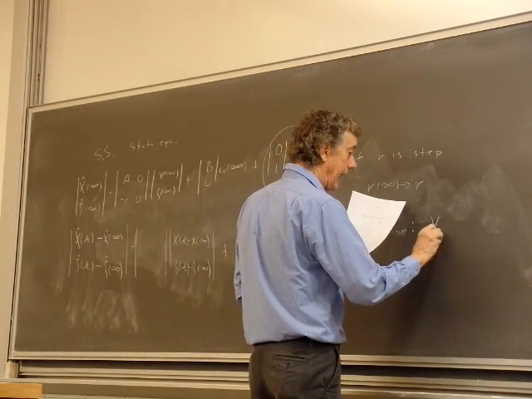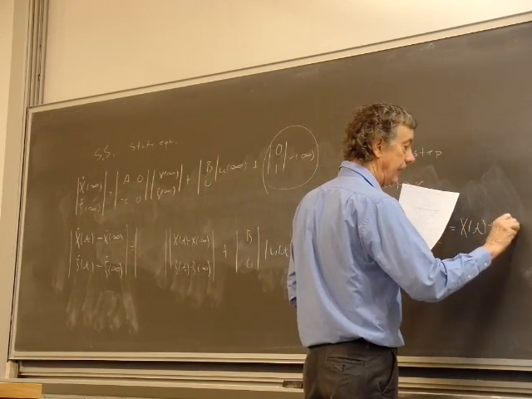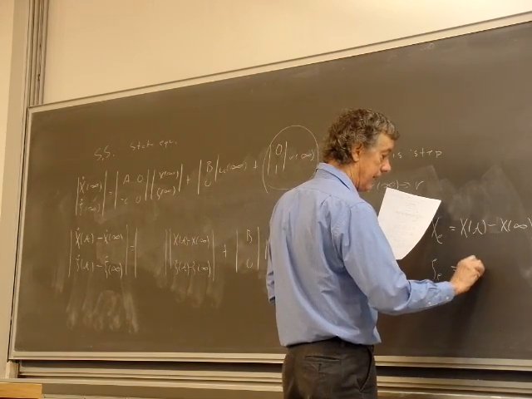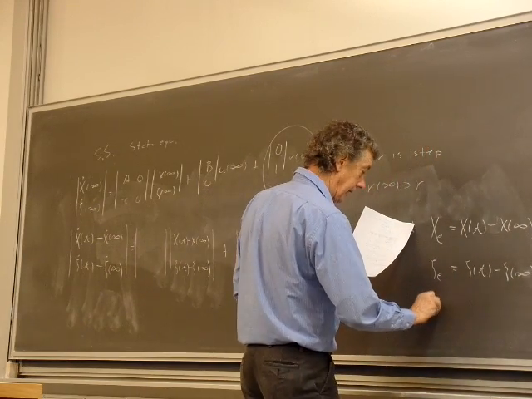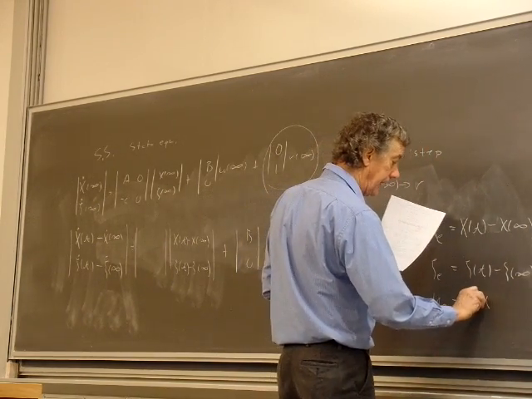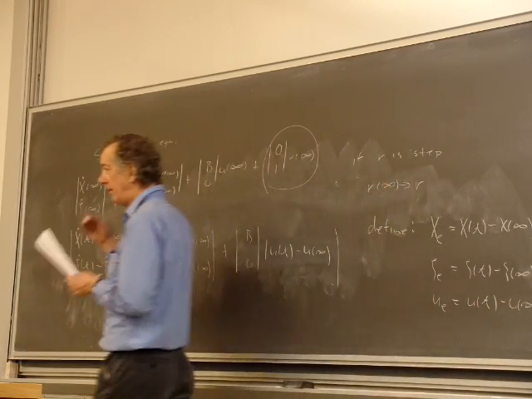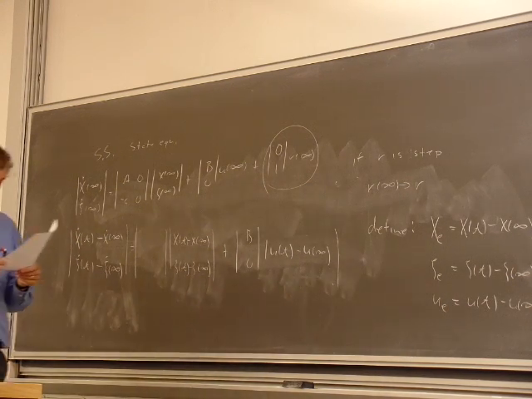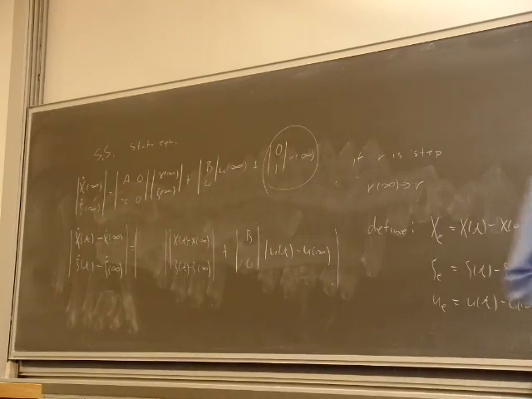I'll say xe is x of t minus x infinity, zeta e is zeta minus zeta infinity, and ue is u of t minus u infinity. So basically, the time value minus the steady state value.